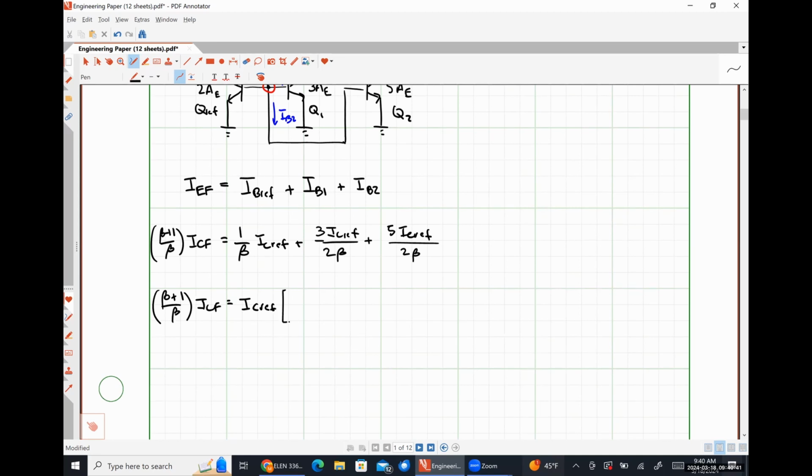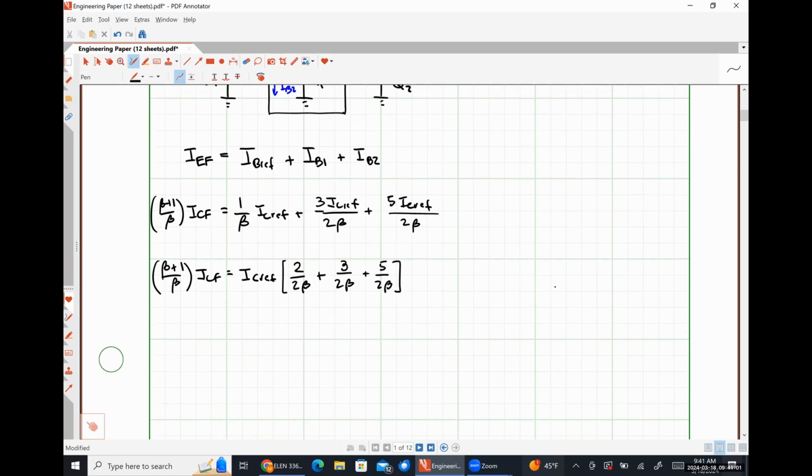So let's see, 1 over beta could look like 2 over 2 beta, plus a factor of 3 over 2 beta, plus a factor of 5 over 2 beta. Add all of that stuff together and it looks like 10 over 2 beta.